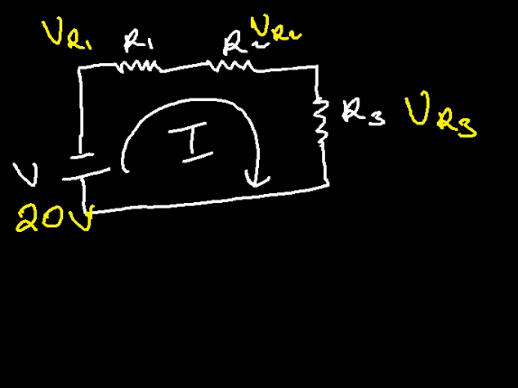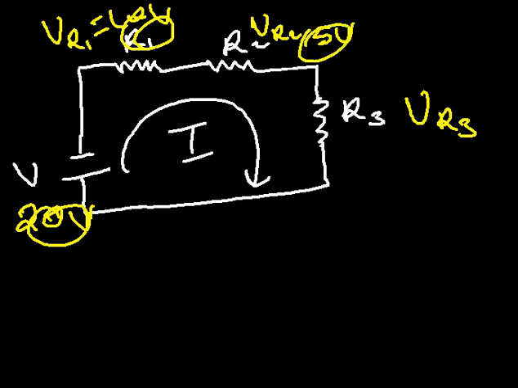Let's say R1 is more resistive, so it will consume about 10 volts. And let's say R2 is consuming about 5 volts. So from 20 we are now remaining with 5. Then the other remaining 5 will be consumed by resistor R3, which has 5 volts.